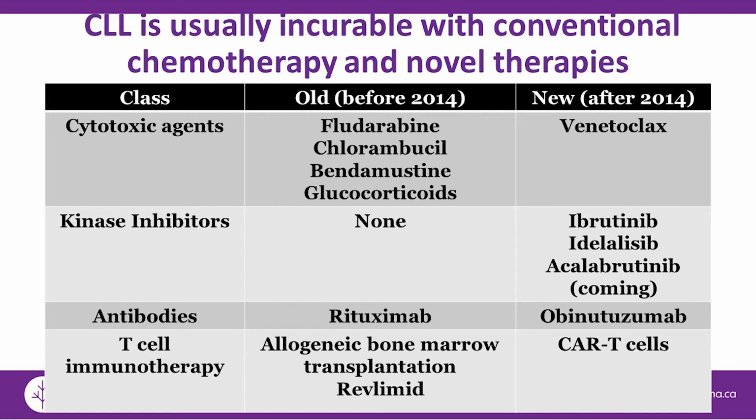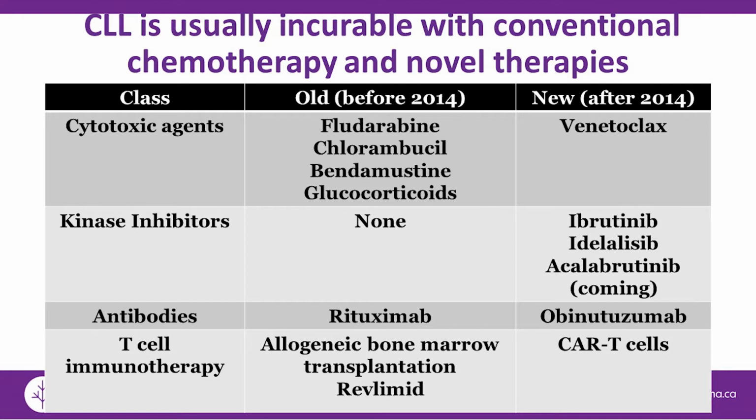Before 2014, we had no kinase inhibitors. After 2014, a drug called ibrutinib has become available, which has made a huge change in the management of chronic lymphocytic leukemia. There are some other kinase inhibitors like idelalisib that are used. There's one called acalabrutinib, which is not yet licensed in Canada, but is probably going to be licensed very shortly and will be used to treat CLL.